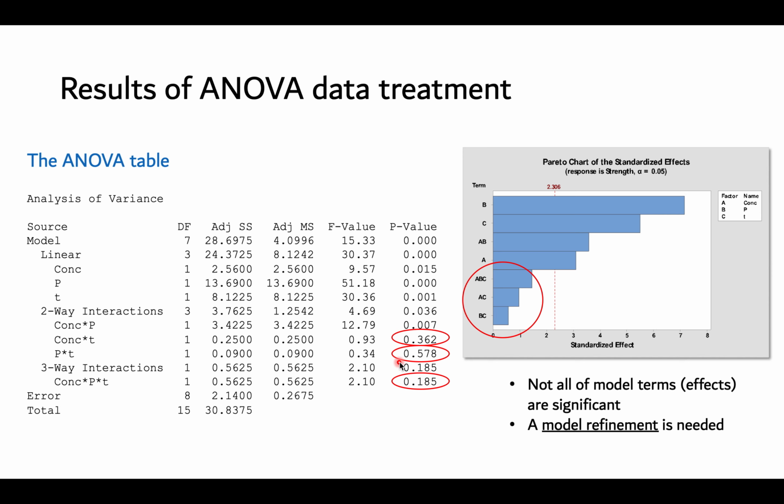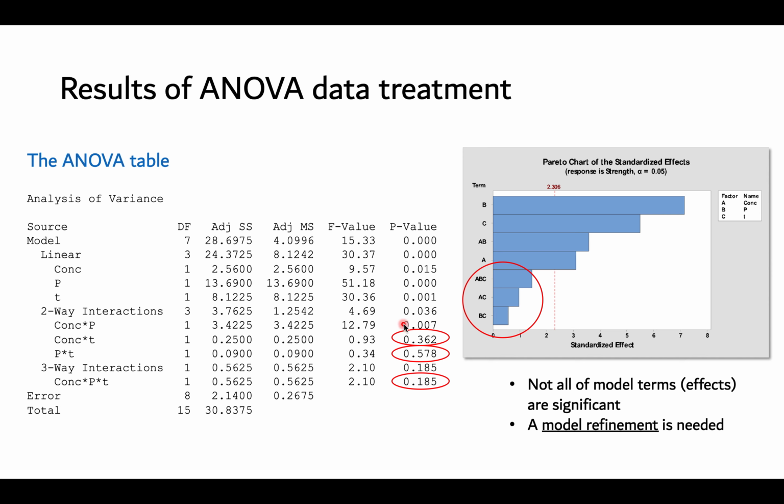So first, let's have a look at the main effects. We have three main effects: concentration, pressure, and time. All of these main effects' p-values are less than 0.05.